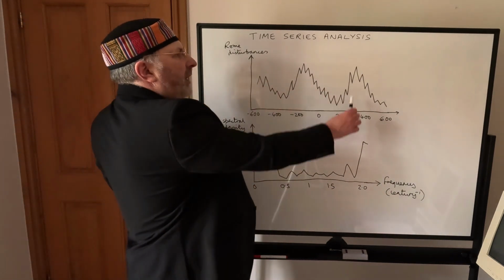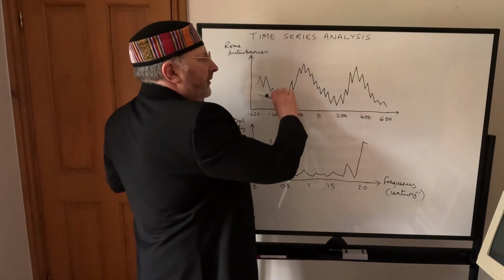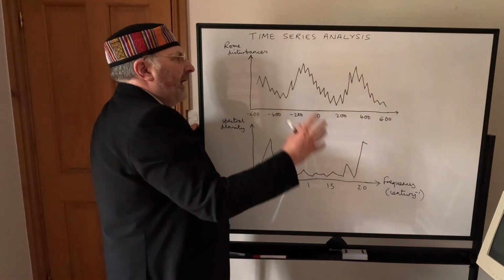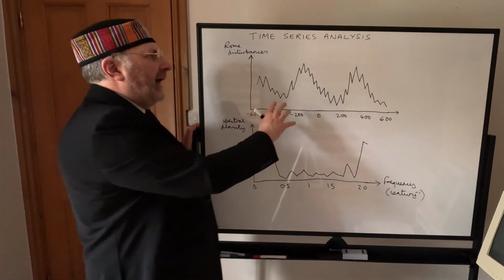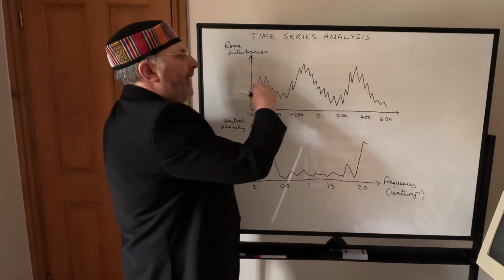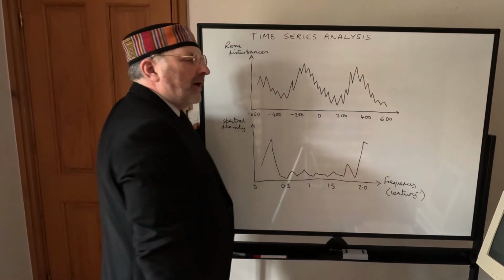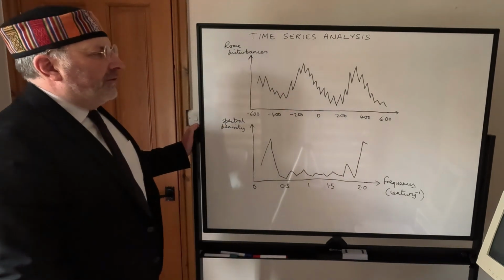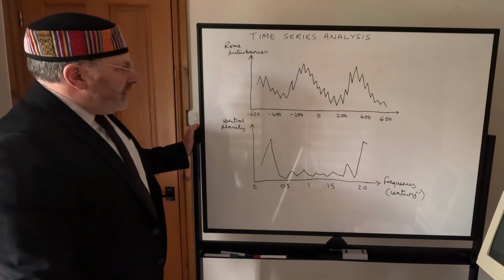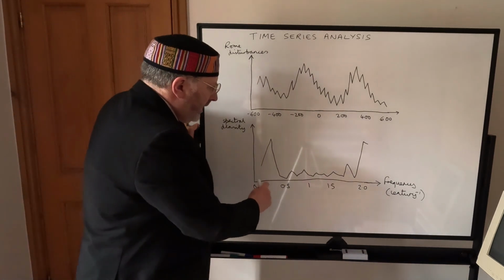So this is our time series, this is our signal, this is our waveform, and we want to do a Fourier analysis of this to pick out the frequencies in this fluctuating incidence of disturbances. And here it is.